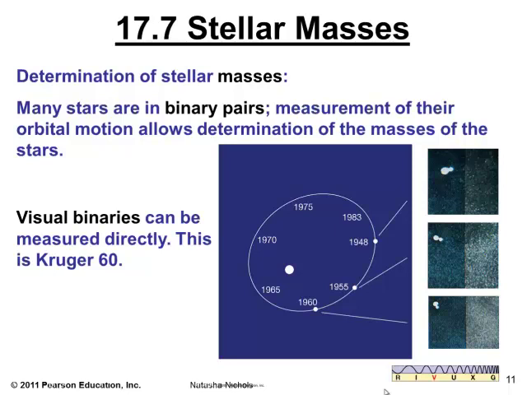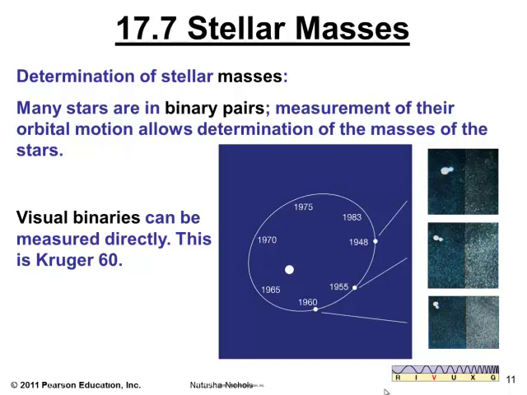Visual binaries can be measured directly. A visual binary, just as Kruger 60, which is illustrated here, on the left you see the orbital diagram for this double star. So Kruger 60 corresponds to 2 stars.